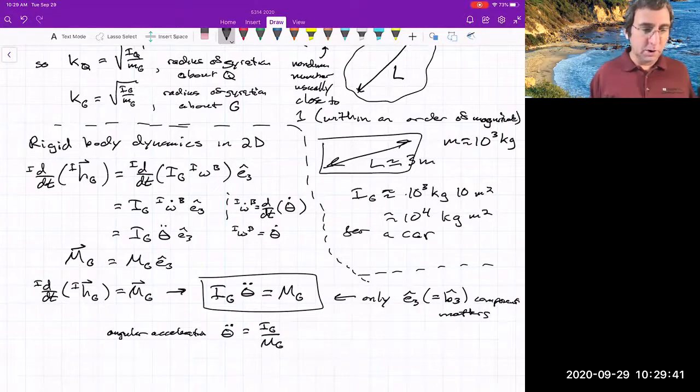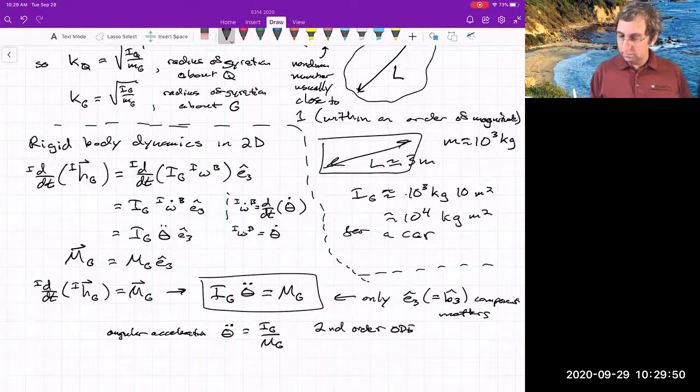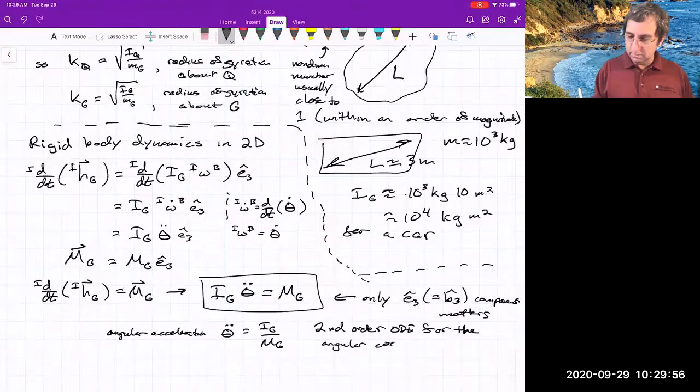So we have a second order ODE for the angular coordinate, the only angular coordinate. Now, IG is a constant, but Mg might change.